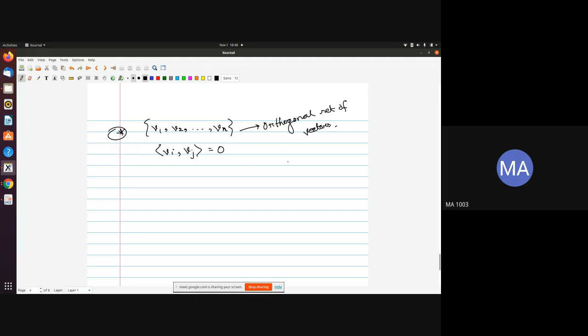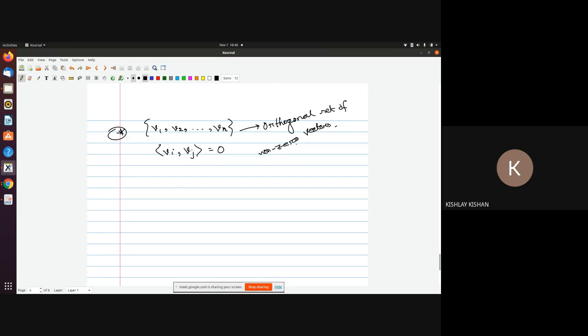So this is an orthogonal set of vectors. Why should it be linearly independent? Because, sir, an orthogonal set of non-zero vectors, I should mention. Okay, non-zero, otherwise it may not be.